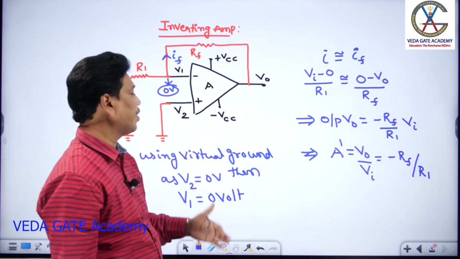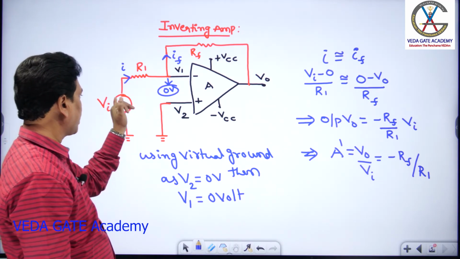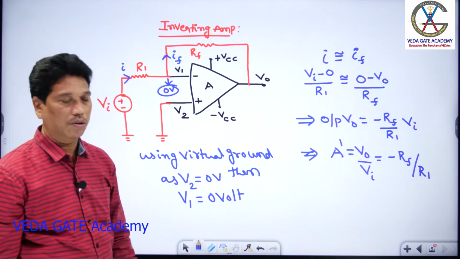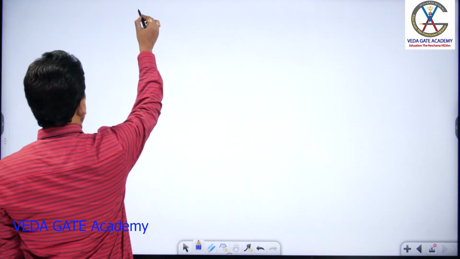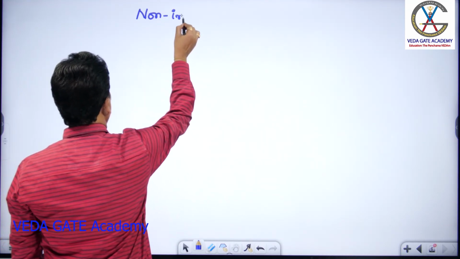So for the same circuit, if it is a non-inverting amplifier, how is it? The signal voltage is applied to the non-inverting node, and here you keep the inverting terminal at ground. This is the non-inverting amplifier. These are the two amplifying circuits.